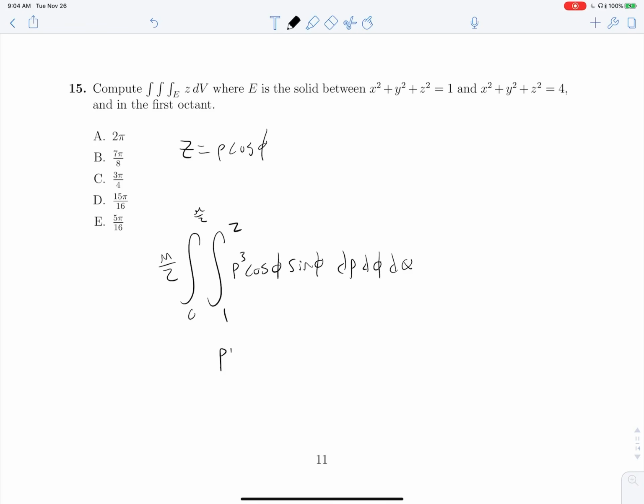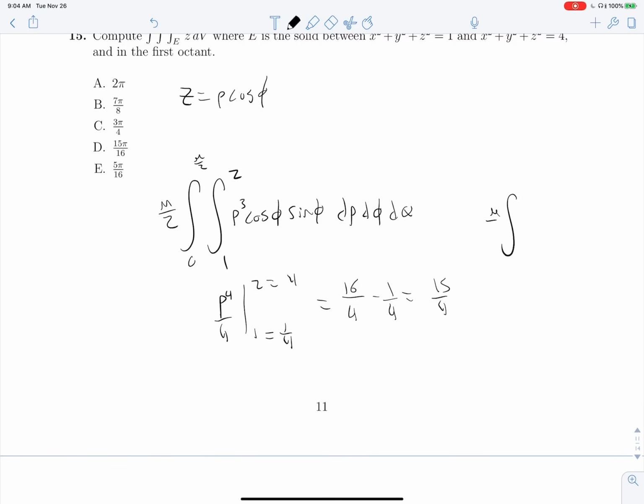Okay, so evaluating rho to the 4th over 4 on 1 to 2 is going to give us 16 over 4 minus 1 over 4, which is 15 over 4. So now we are left with the integral times pi over 2 from 0 to pi over 2 of 15 over 4 sine phi cosine phi d phi.